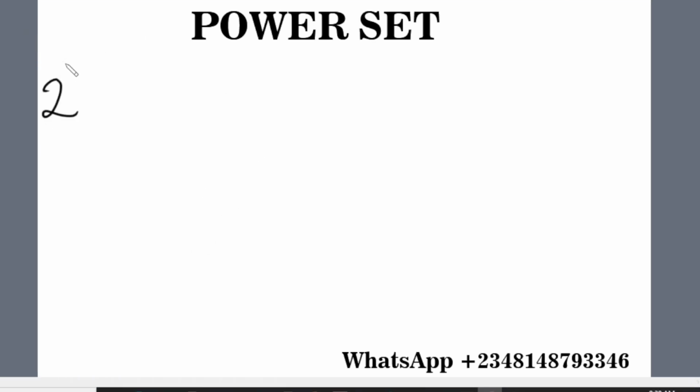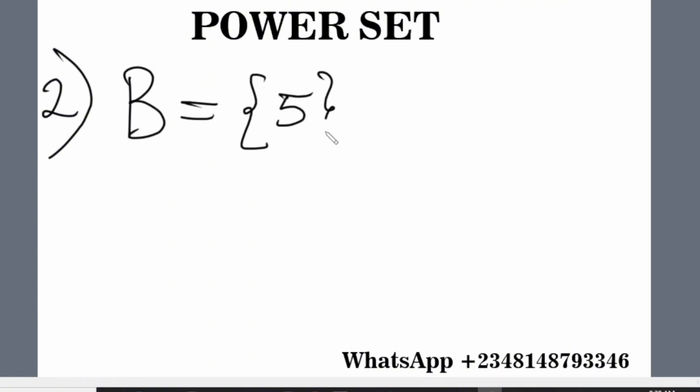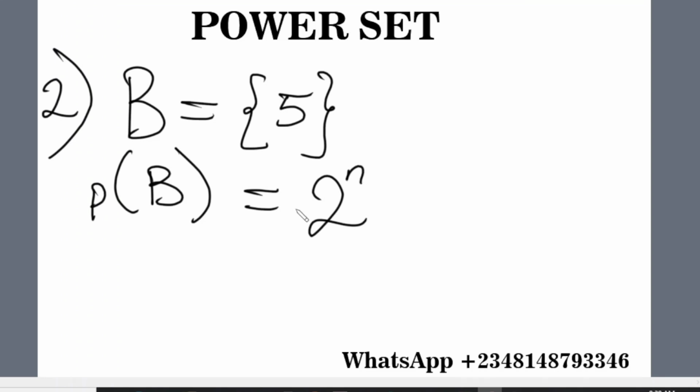Now let's take the second example. B equals, you open your bracket, 5 and then close your bracket. The first task is to write down the power set formula. So P(B) equals 2 raised to power n.